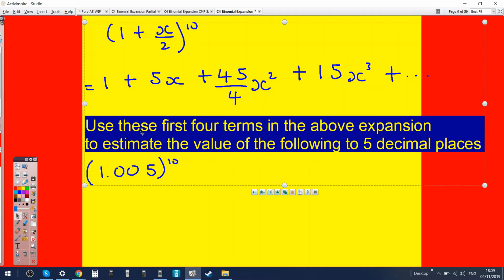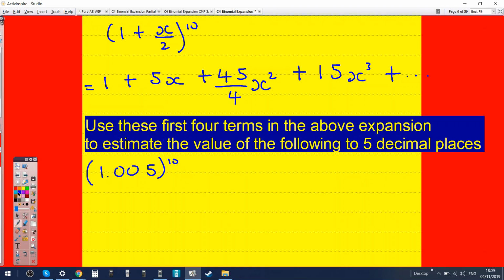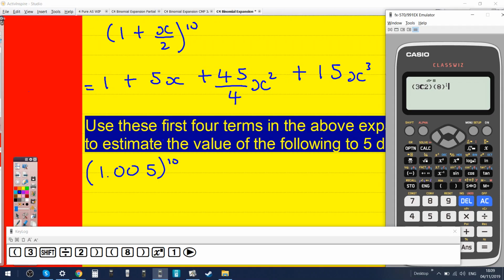Use a decimal value to following decimal places. 45x over 4. I'm not too sure what's going on.